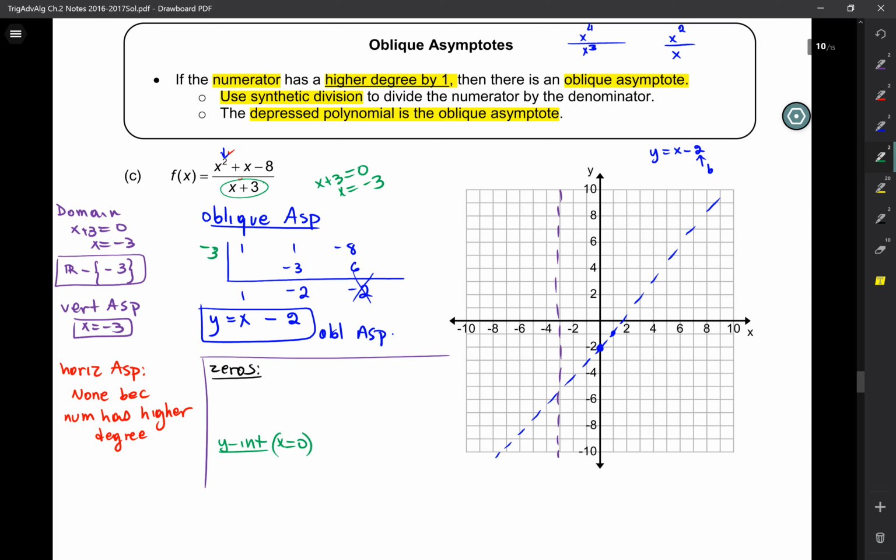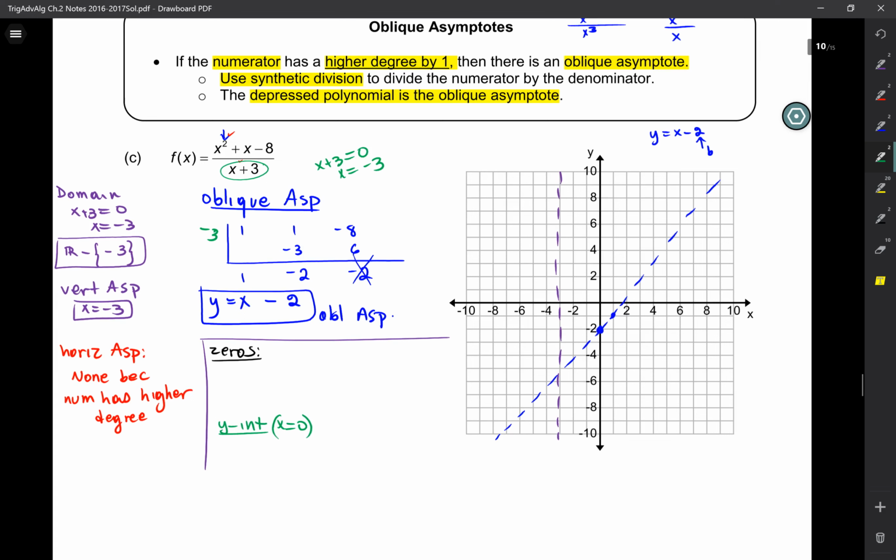How about the y-intercept where x equals 0? So when I plug 0 in here, all right, so the y-intercept when x equals 0. If you plug x equals 0 into f of x, what do we get?